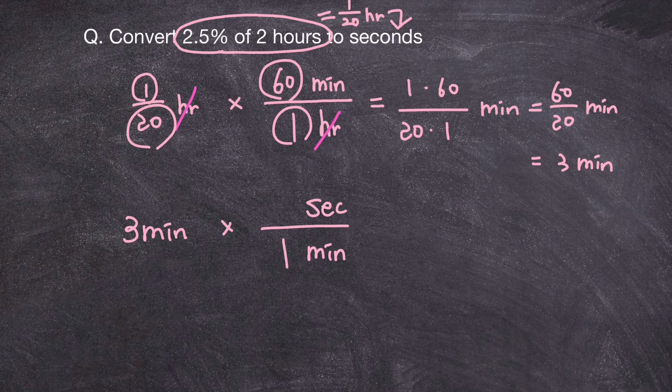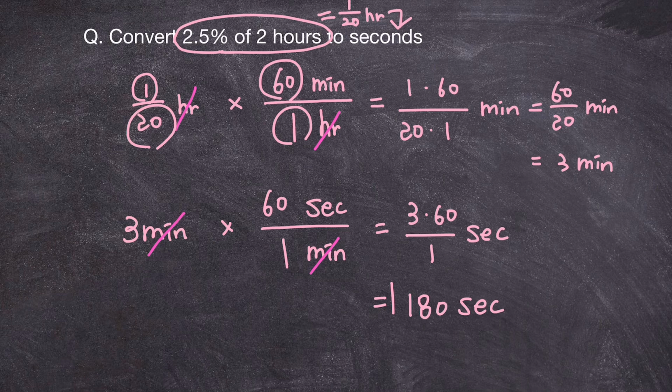And if I put 1 minute here, how many seconds does 1 minute have? 60. And I am almost done. I can cross those minutes out, and I am left with 3 times 60 over 1 seconds, or 180 seconds. And that's going to be our final answer.